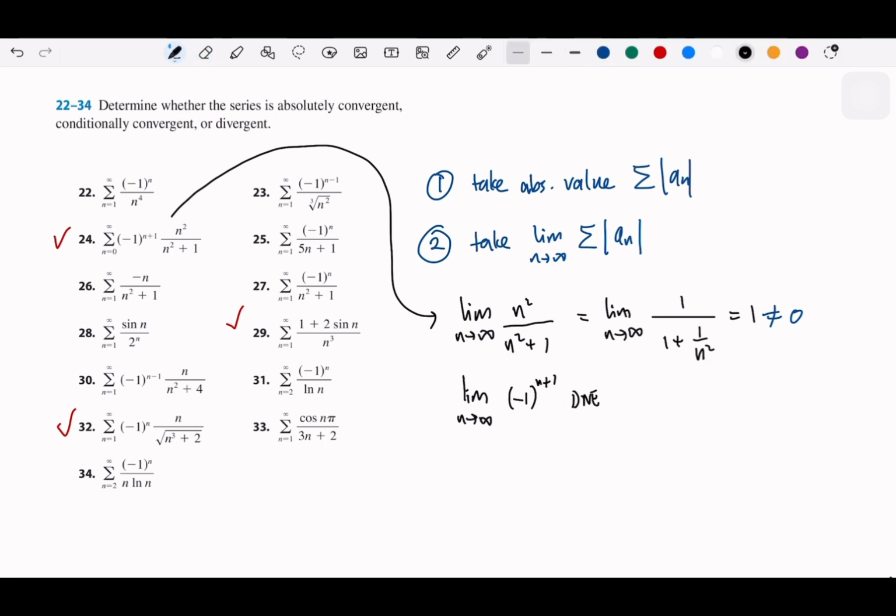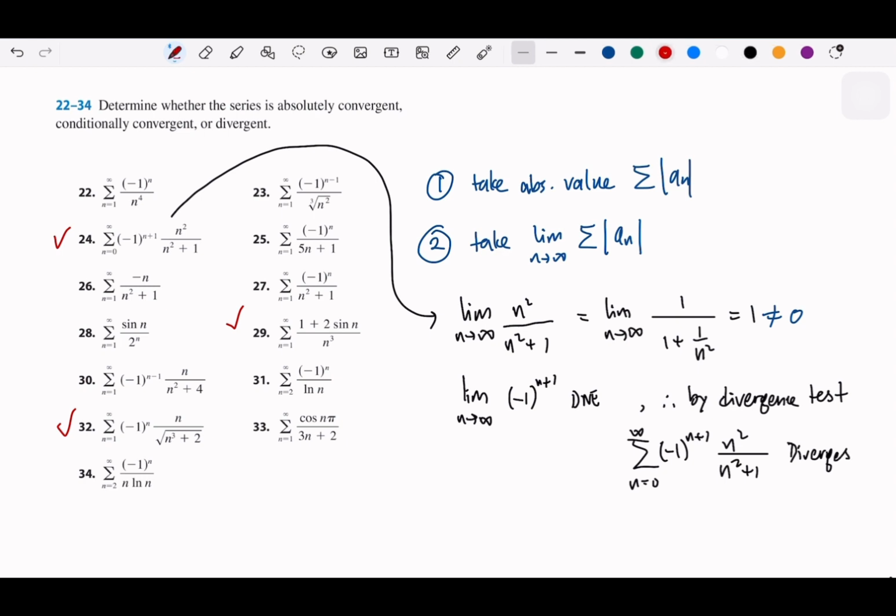Or you can just write directly that by the divergence test, the series diverges. So I don't think this is needed. Okay, we can just write this alone.